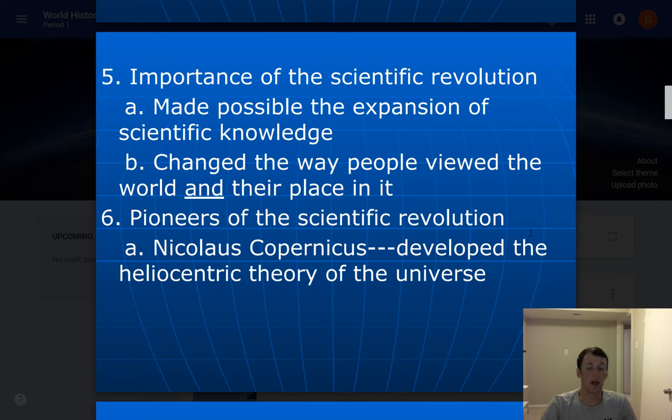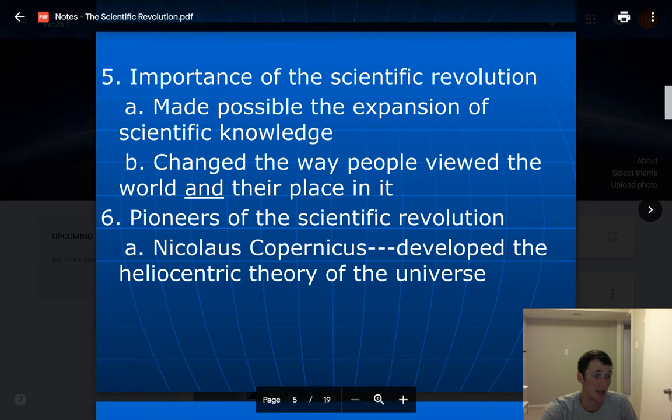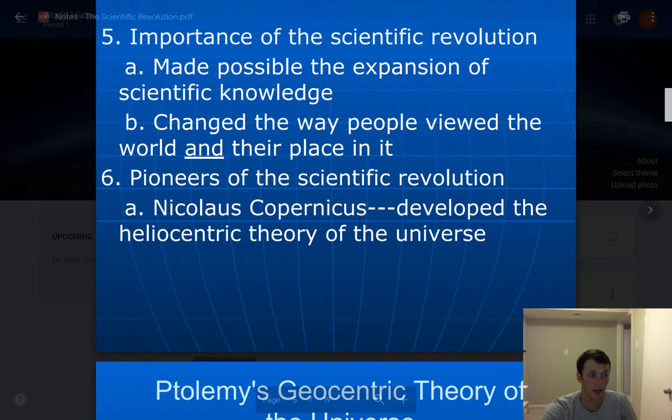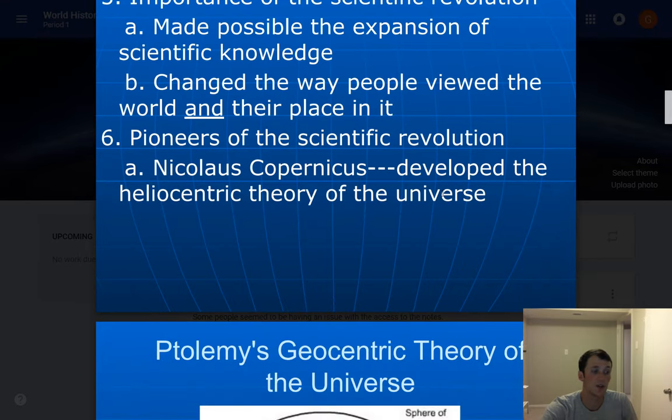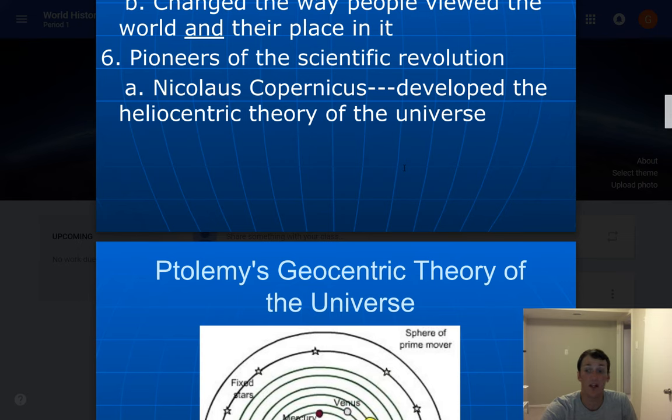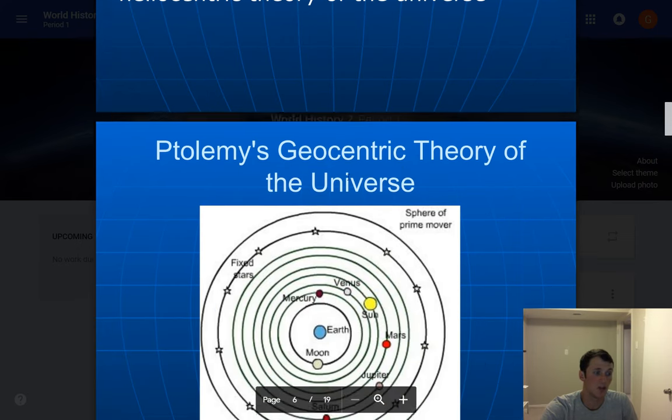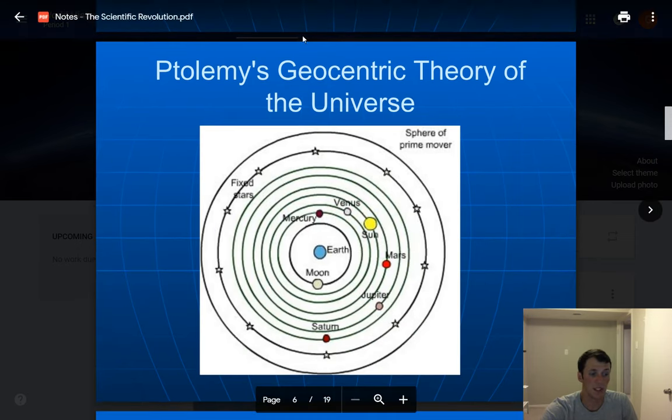So we are going to ask you to be familiar with a number of these scientists. For starters, you have a man named Nicholas Copernicus, who develops the heliocentric theory of the universe, all right? Prior to that, you had what's called the geocentric theory, where you have Earth in the middle right here.